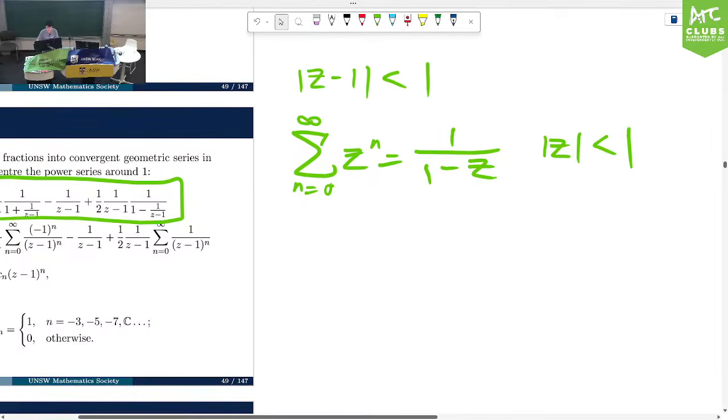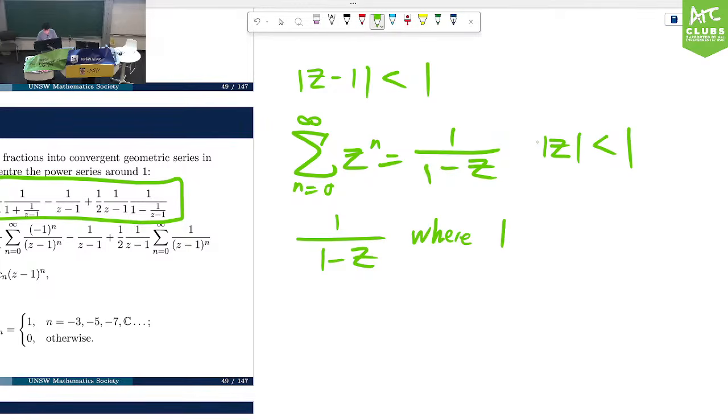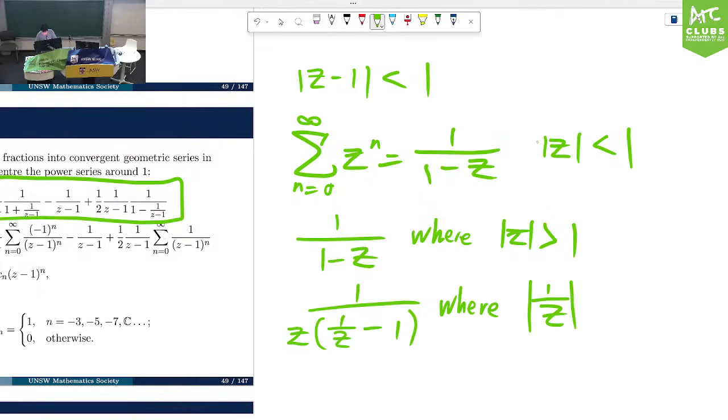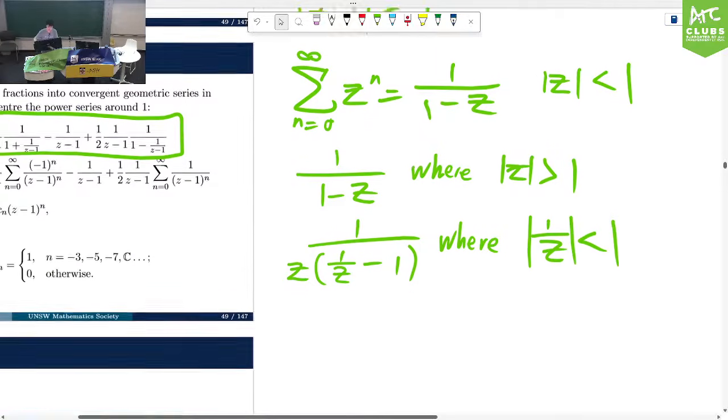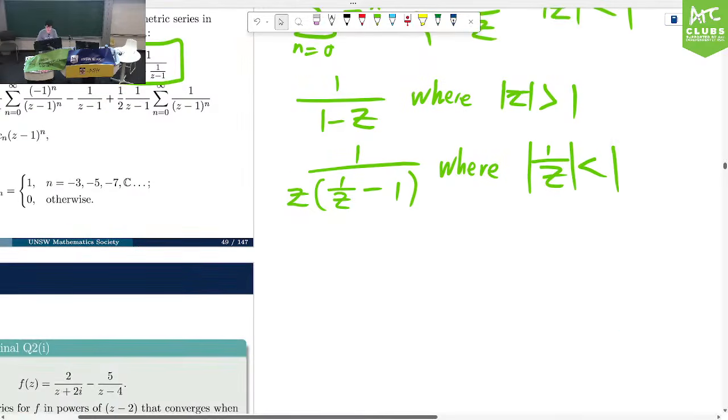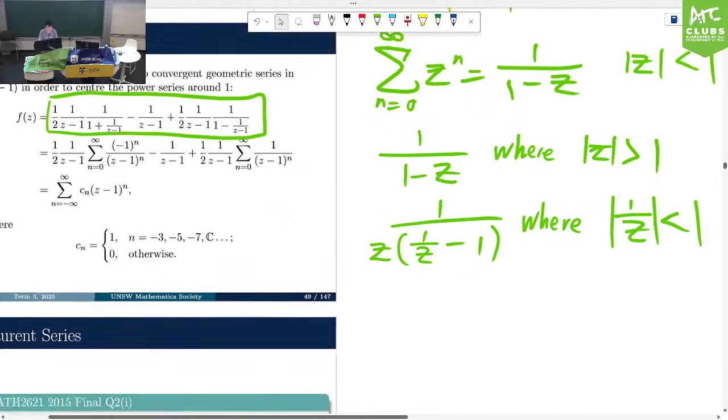That's for GP. So if you want to find 1 on 1 minus z, where |z| is greater than 1, then we have to do something like this: 1 on z times 1 on 1 minus 1 on z. In this case, we have a new GP, but the nice thing is that the modulus of 1 on z is less than 1, so this actually converges.